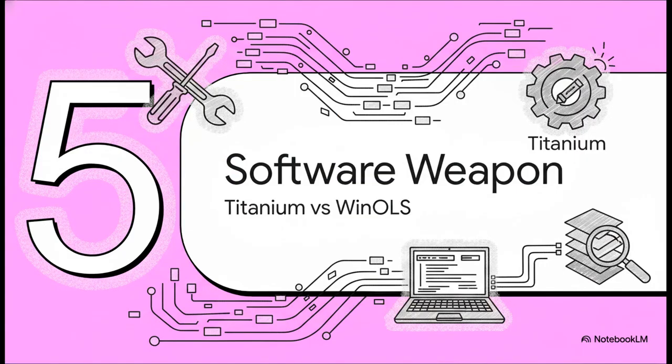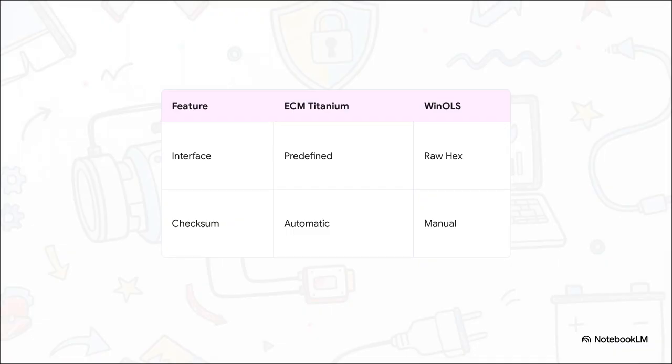Which brings us to Section 5, ECM Titanium versus Winols. Choosing your software weapon. Getting the file off the bench safely is really only half the battle. Knowing how to manipulate it is the other. Now, Winols offers incredible raw power for advanced tuners, but you're staring at raw hexadecimal data and you've got to find and define the maps yourself, which is a really steep learning curve.